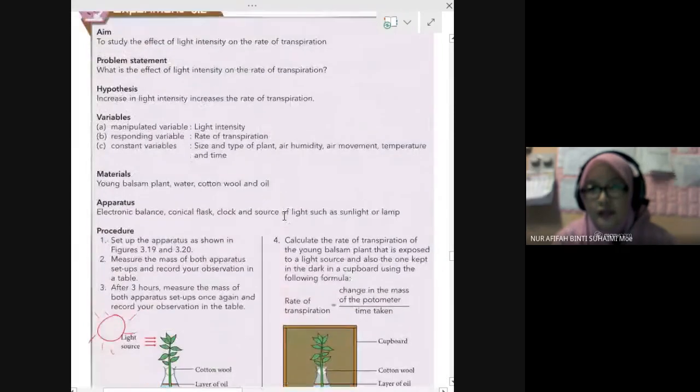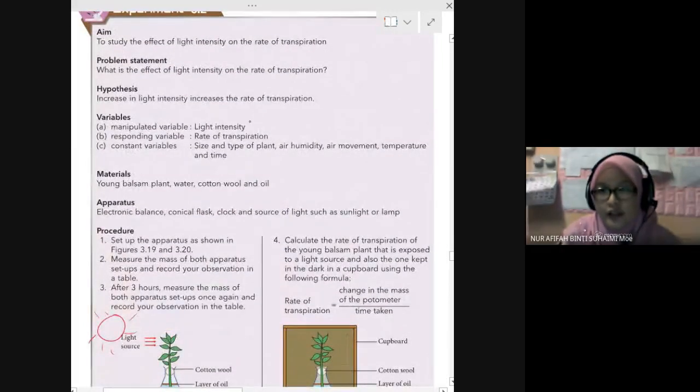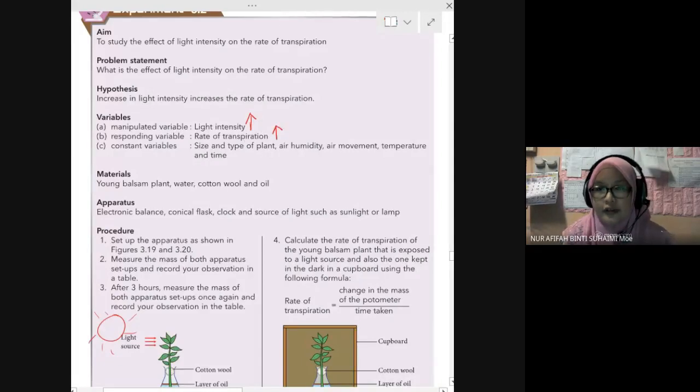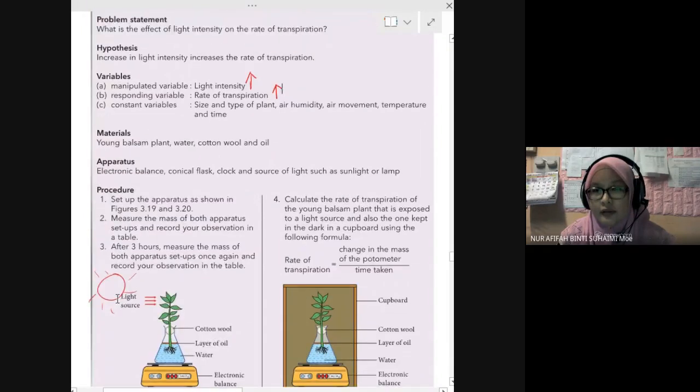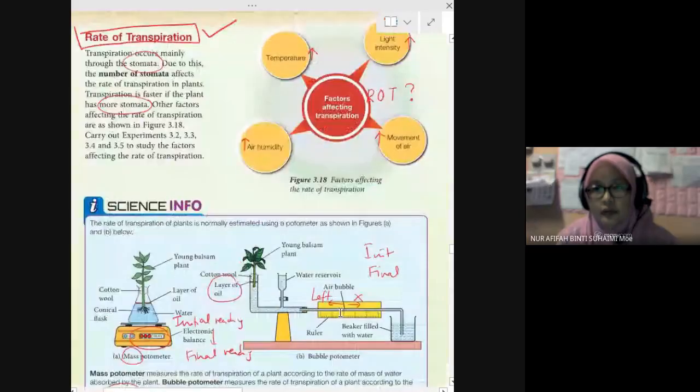This one, light intensity increase, rate of transpiration also increases. It is the same as on the field just now. When we have a light source, transpiration occurs faster. The plant needs water for photosynthesis.